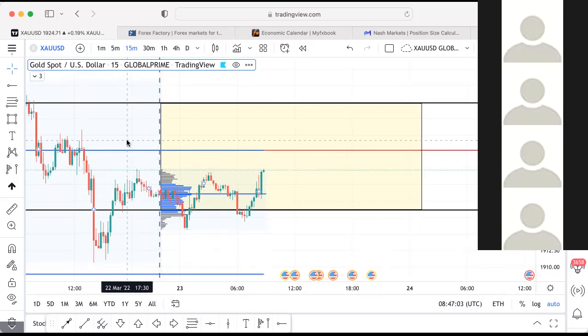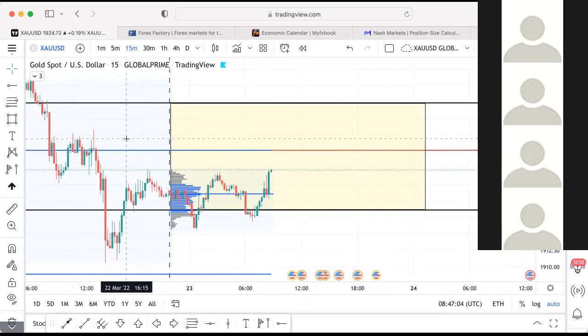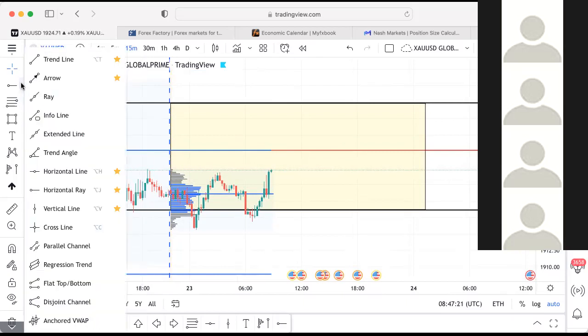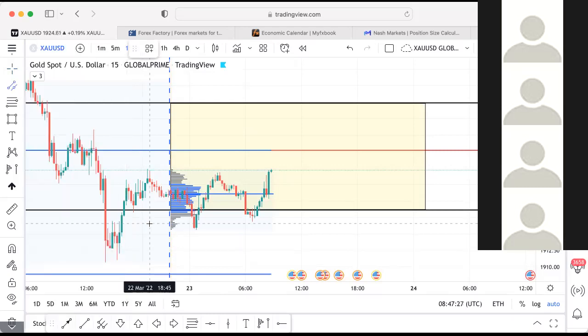I was watching Anastasia on Monday, and something that she pointed out has slightly blurred my view of that at the minute. But what I'm going to do is, you've seen me in the past put on a parallel channel, where if you go to the second icon down, hover on the arrow, and then down to parallel channel.